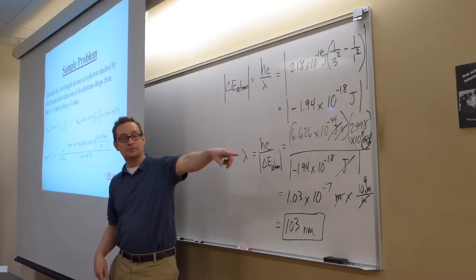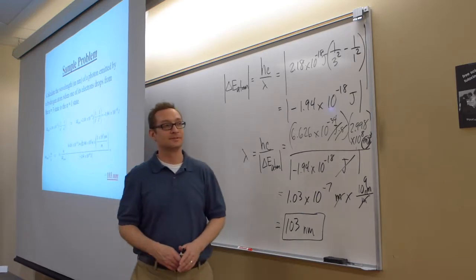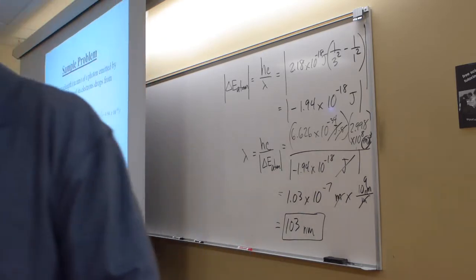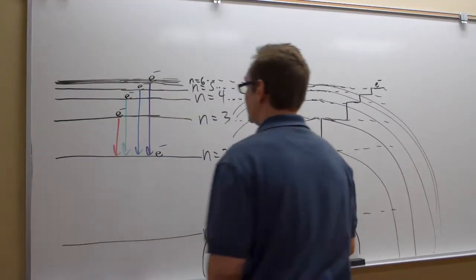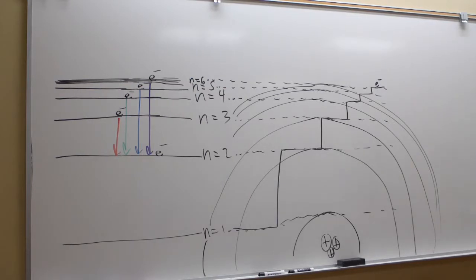How would I label delta E atom in that diagram? Going back to this, where would delta E atom be? Well, I'll give you an example. Here's delta E atom right here.